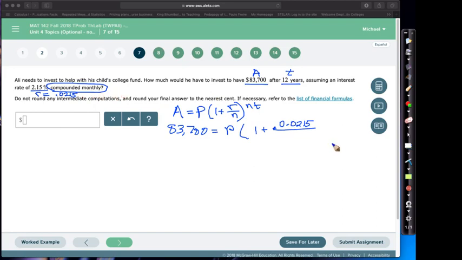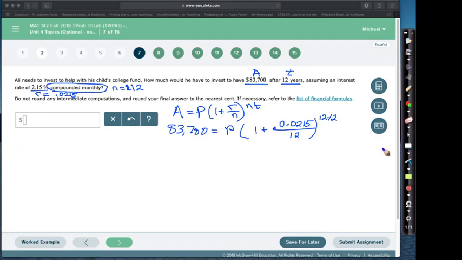There's 12 months in a year, so this becomes 12. And the exponent becomes n times t. I guess I should have put over here, when we compound monthly, we know that the number of compounding periods is 12. So our exponent is 12 times 12, 144.